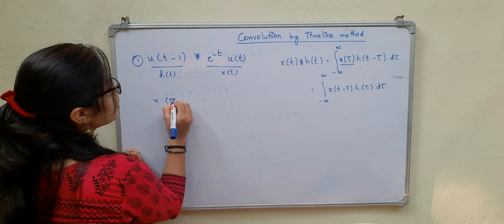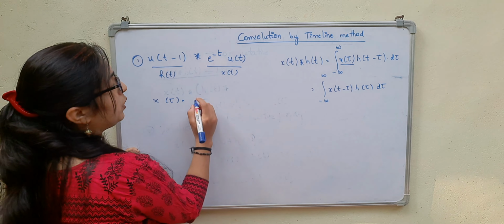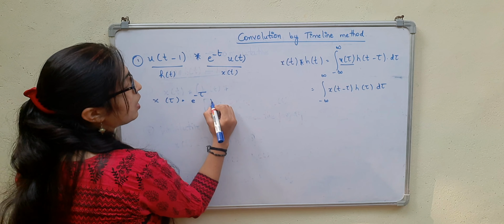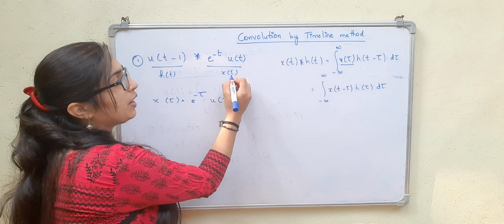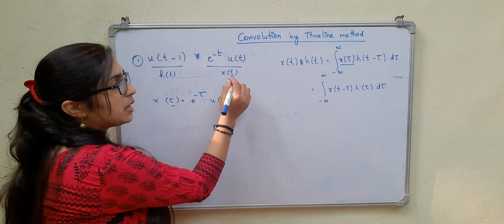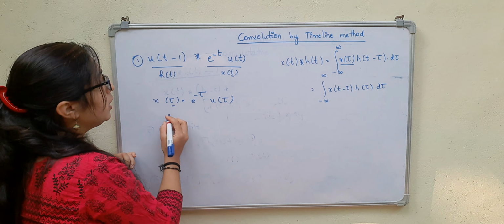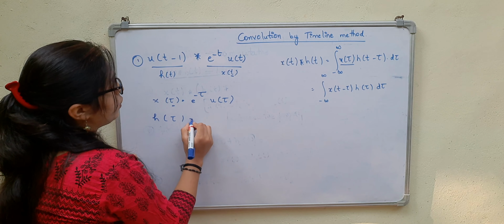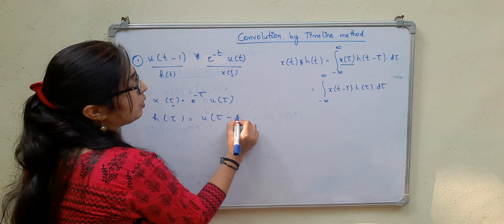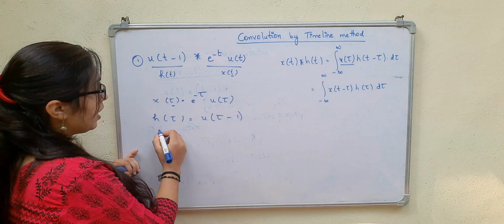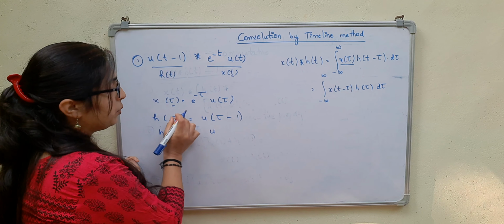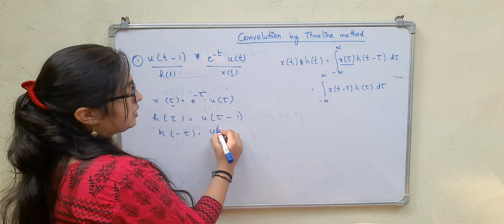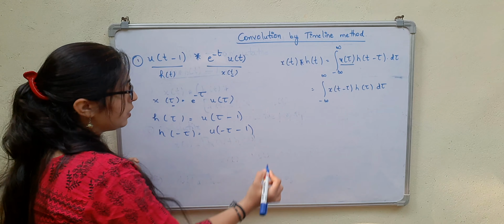Now x of tau will be equal to e to the power of minus tau u of tau. You know that for x of tau, only the variable is changed, that is, I am changing t to tau. Next is h of tau, which is nothing but u of tau minus 1. Now h of minus tau: you have to replace tau by minus tau, so u of minus tau minus 1.